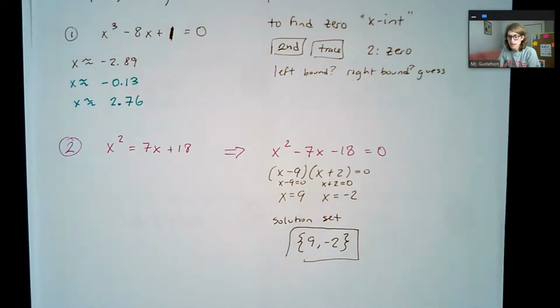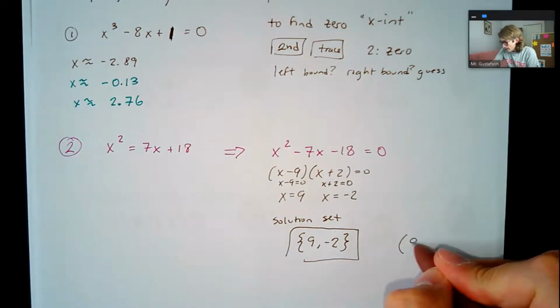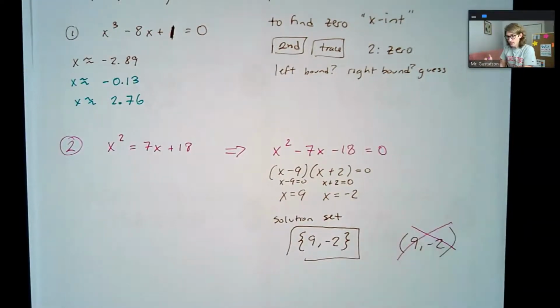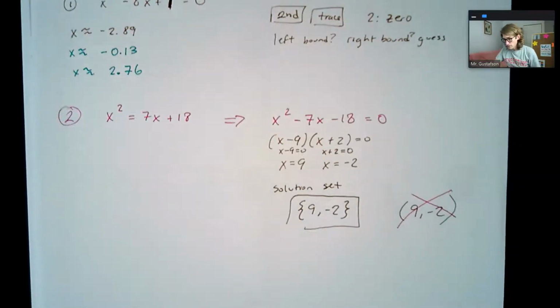Sometimes it wants you to write it like this. One way that it's definitely not: if you were to write that with parentheses, that's a no-go. That's a point. That's an x comma y. We can't do that. If you're giving me a set of numbers, use curly brackets, and we can do that when we have multiple solutions. All right, I'm hoping we're feeling good.